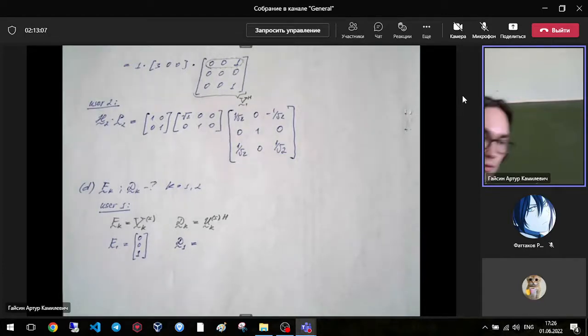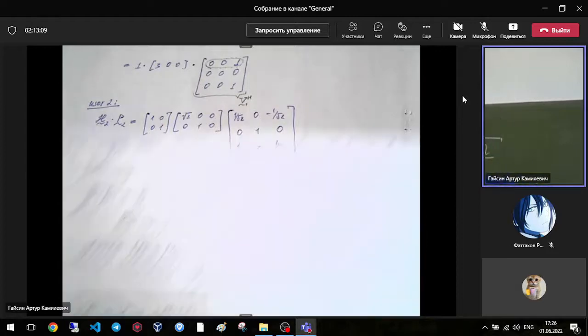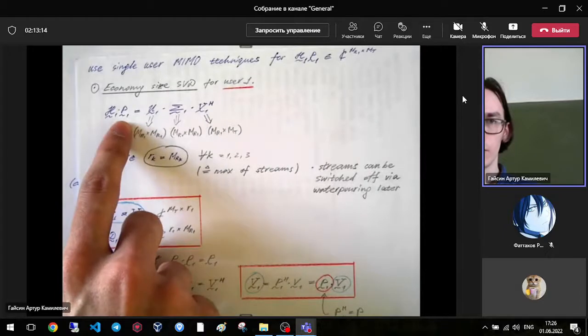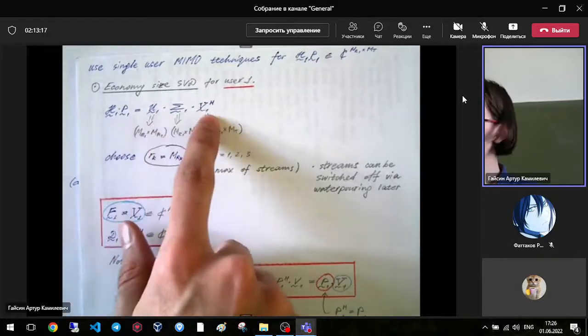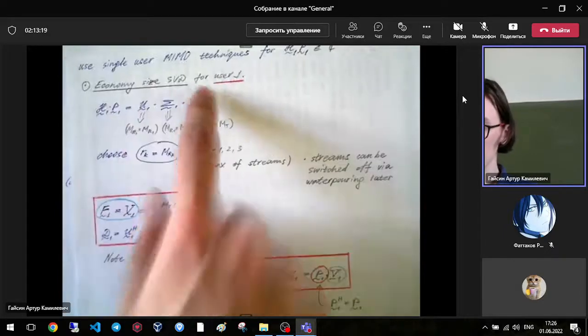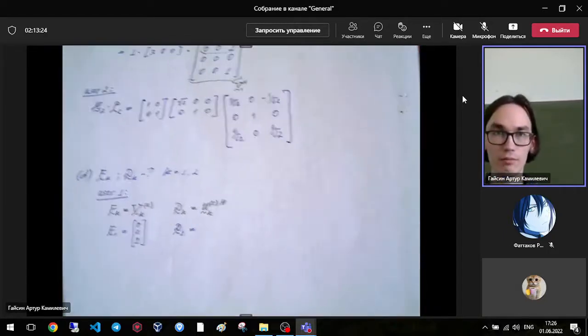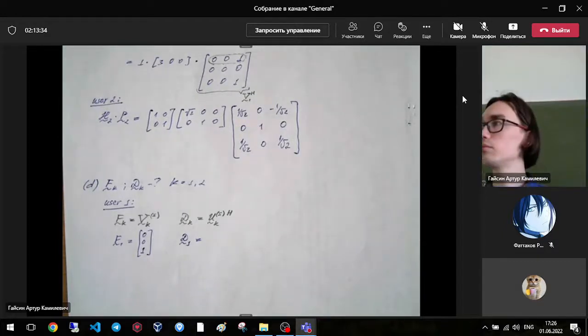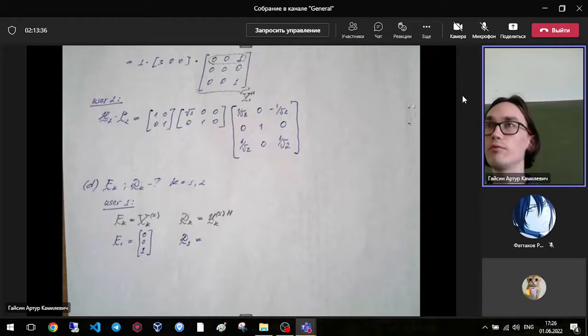Because it is from our lectures. You can see that here we calculate first H1 times P1, calculate the singular value decomposition, and from this thing we get this F1 and D1. And in this case, D1 is equal to U1, but U1 is equal to, yes, it is just one value. So we can say that D1 is equal to 1.